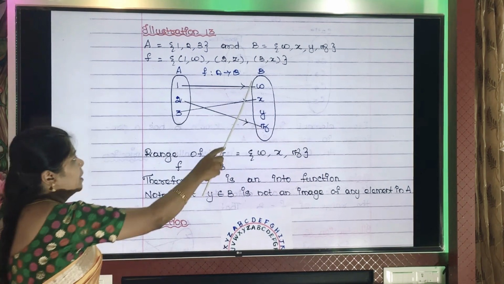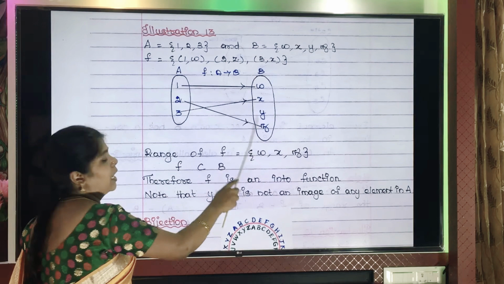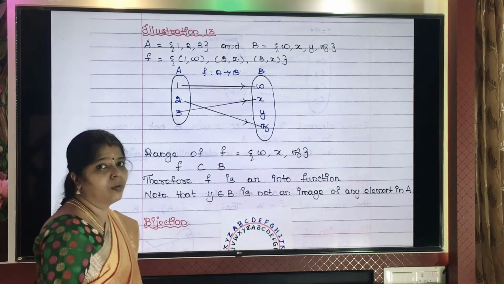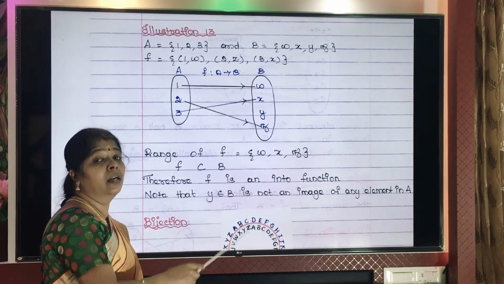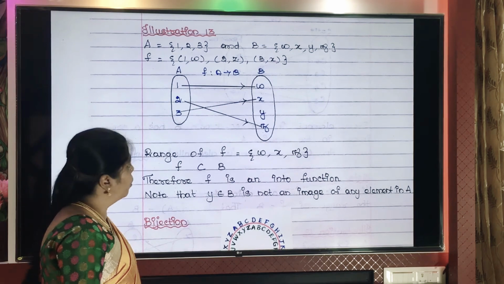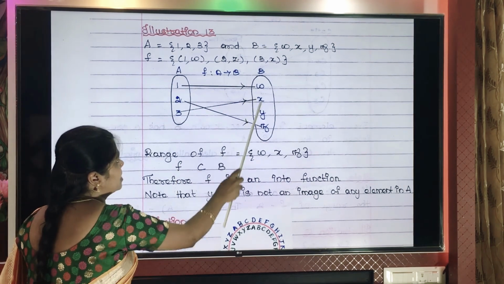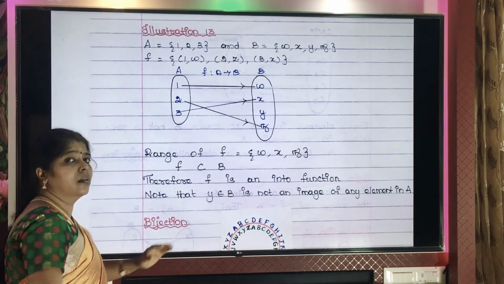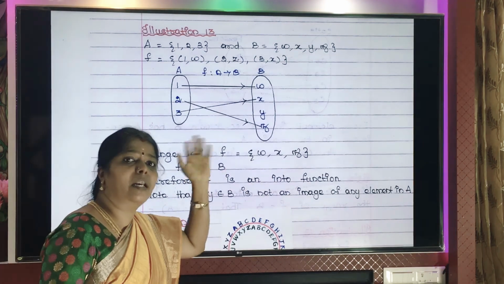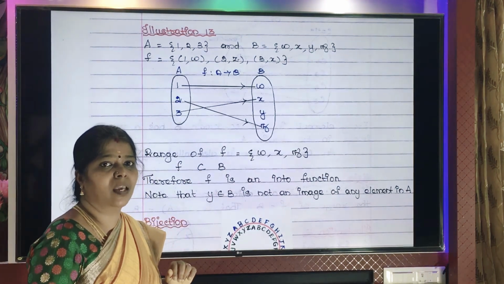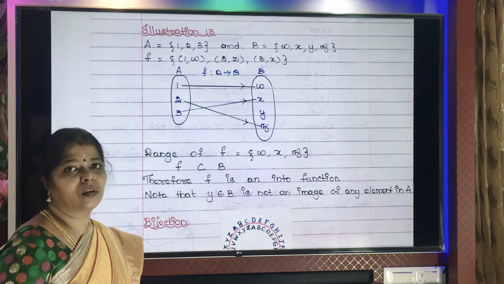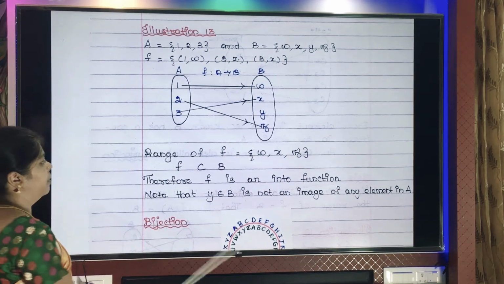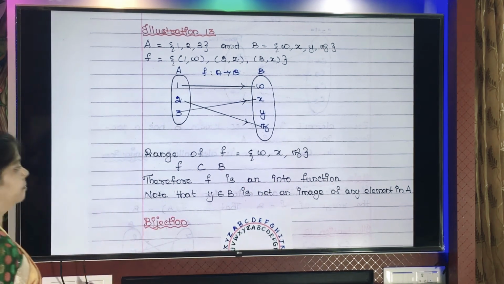But codomain will have all the four elements. So range is not equal to codomain. Therefore, this is an into function. And moreover, we can see range is a subset of codomain. This concept we have been discussing right from the beginning of this unit. Range is always a subset of codomain. Therefore, f is an into function.